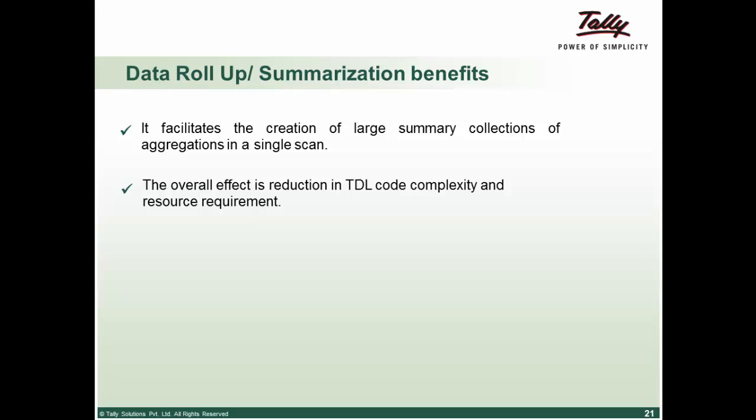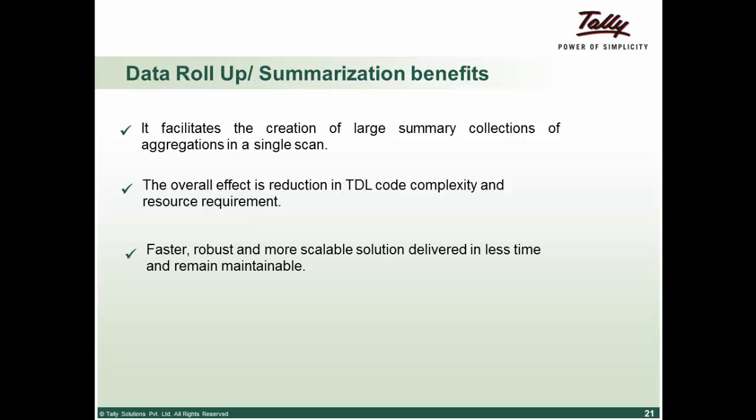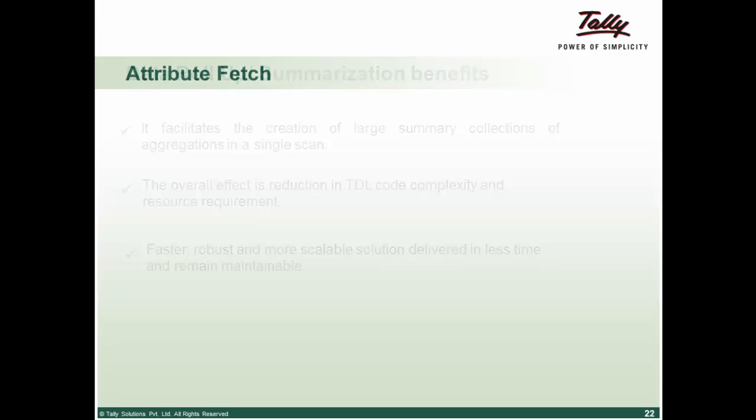All those functions that call multiple objects from here and there and modify an object vanish. And the moment the code complexity reduces, you give less pressure to the brains of your system, your data, so it speeds up. It becomes a faster, more robust, more scalable solution, and you can deliver more data and more code in less time, and it becomes quite maintainable. The data becomes very maintainable.